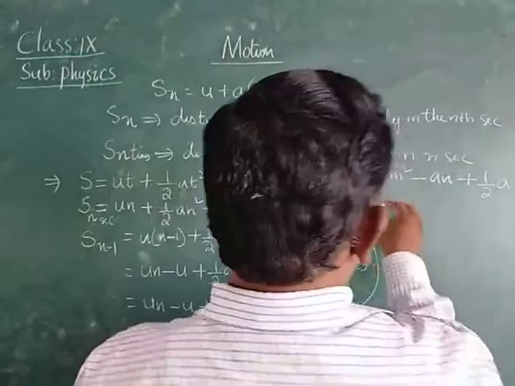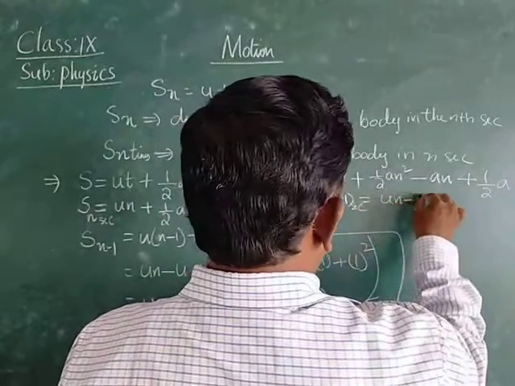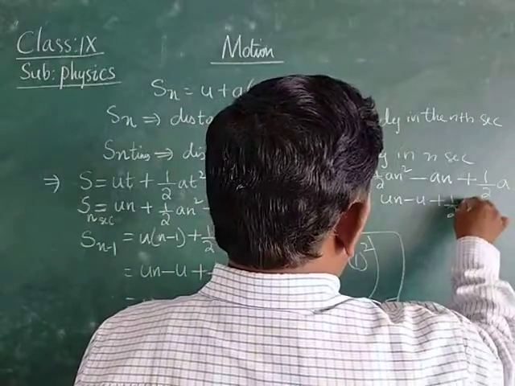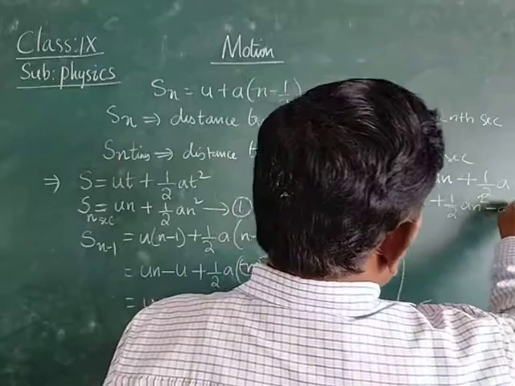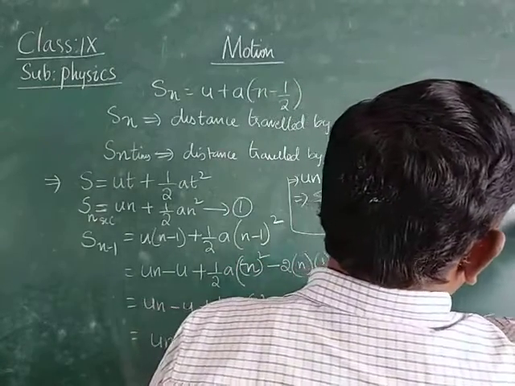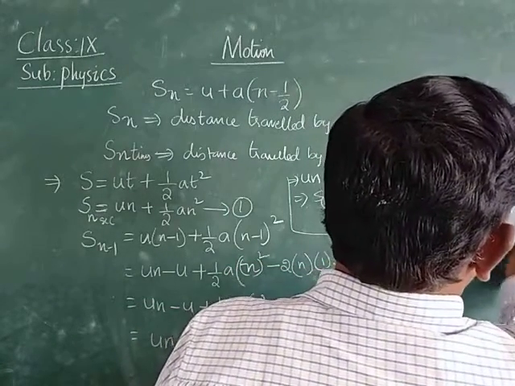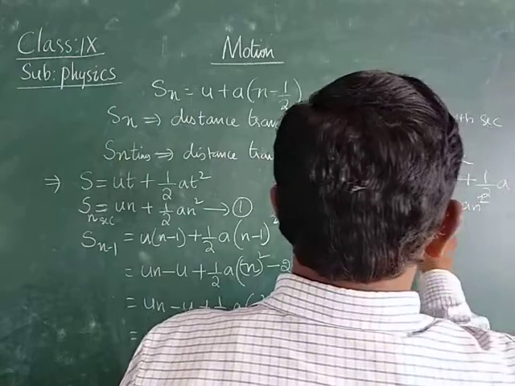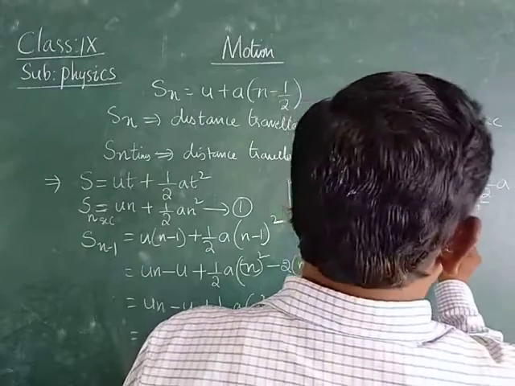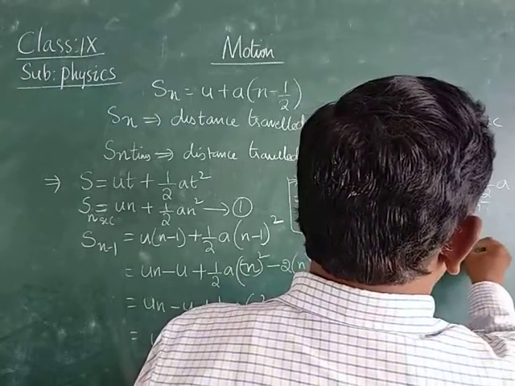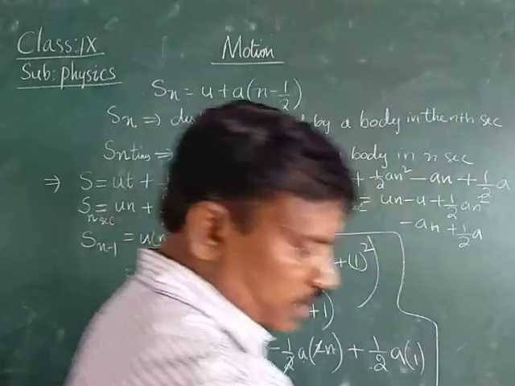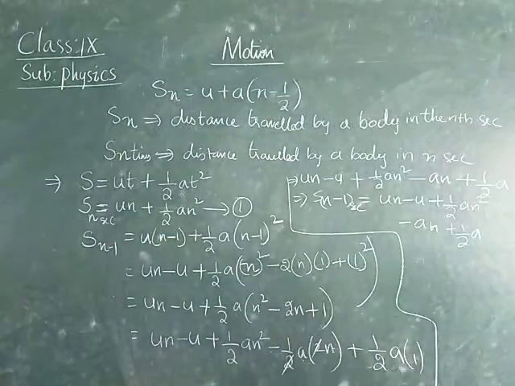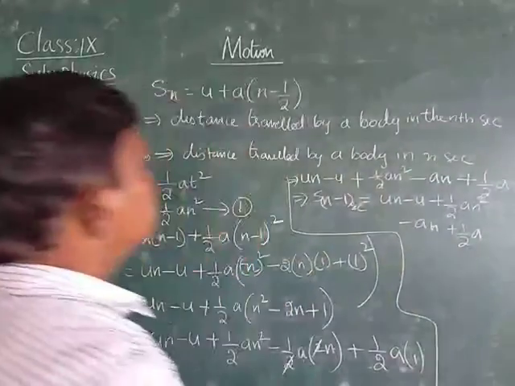Sn−1 seconds is equal to un − u + ½an² − an + ½a. Just now I am writing these two equations and I'll simplify the remaining.